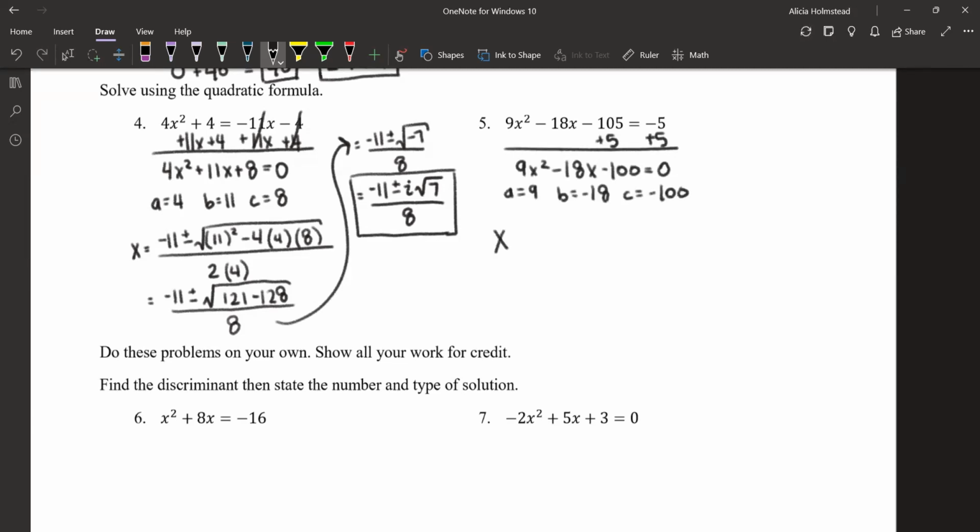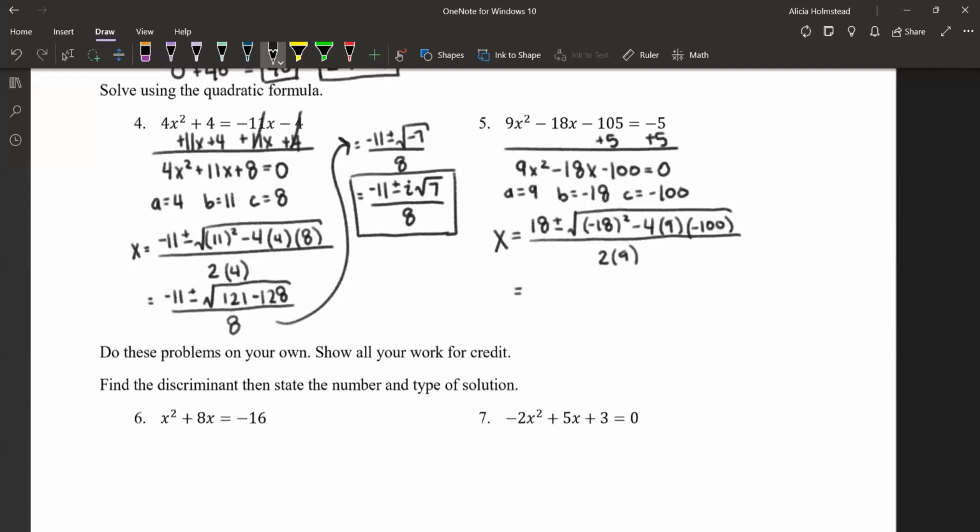Plugging those into our quadratic formula, we get x equals negative b, which is going to be 18, plus or minus the square root of b squared, or negative 18 squared, minus 4 times a, which is 9, times c, which is negative 100, all divided by 2 times a, which is 9.